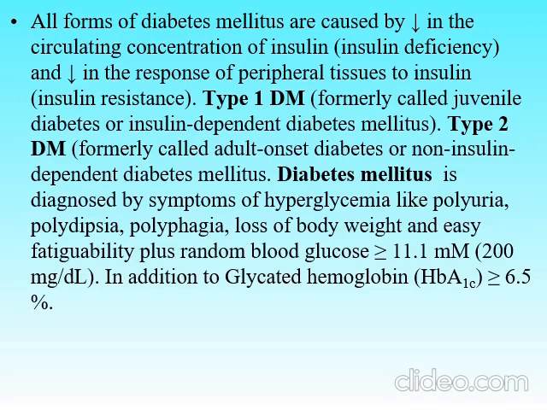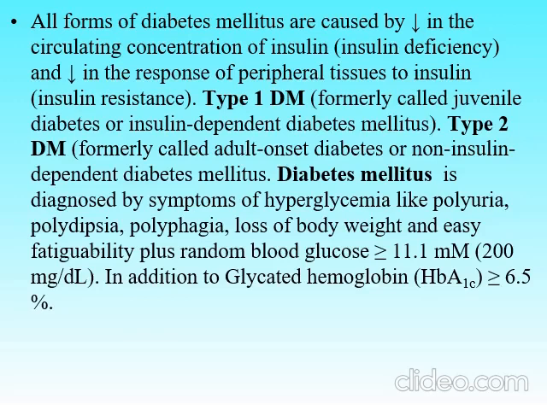Type 1 diabetes mellitus, formerly named juvenile diabetes or insulin-dependent diabetes mellitus. And the second type is type 2 diabetes mellitus, previously named adult onset diabetes or non-insulin dependent diabetes mellitus.